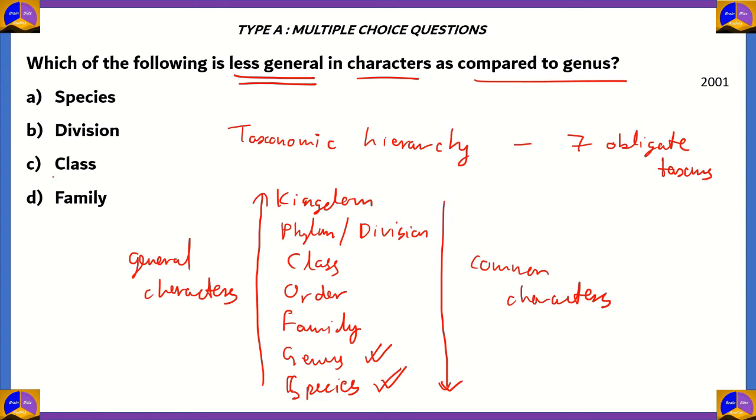So among the following options, option A has to be correct. If you look at division, division is the second biggest of the taxon, so therefore it has more number of general characters. Class is the third biggest, so therefore it also has more general characters. Family comes just above genus, so that means it has more general characters. So among the four options, option A is the correct option for this question, which was asked in 2001.